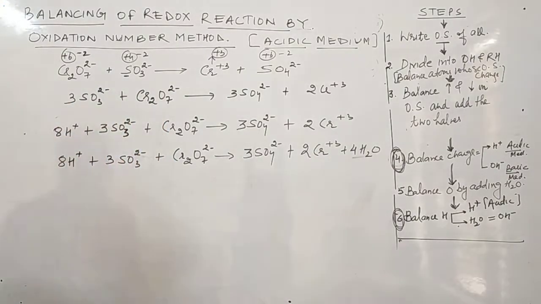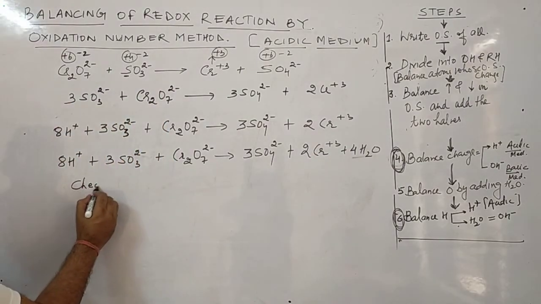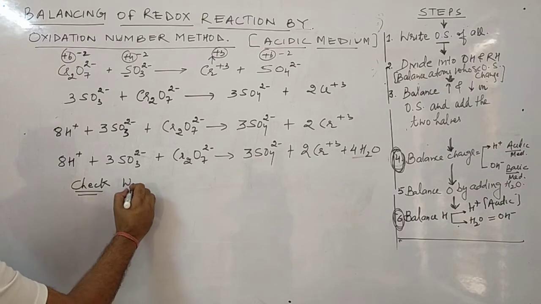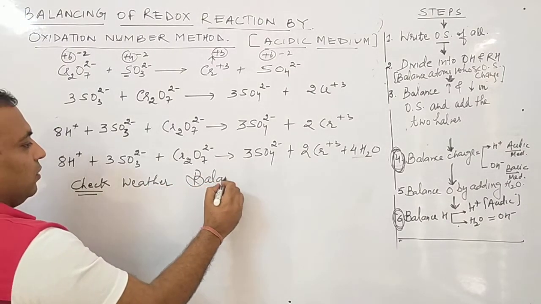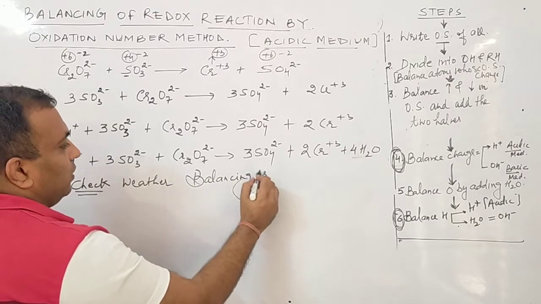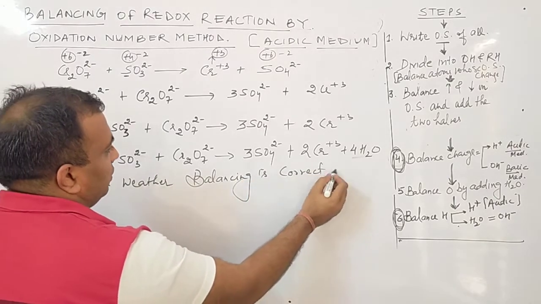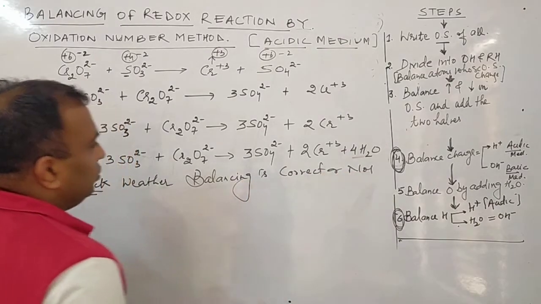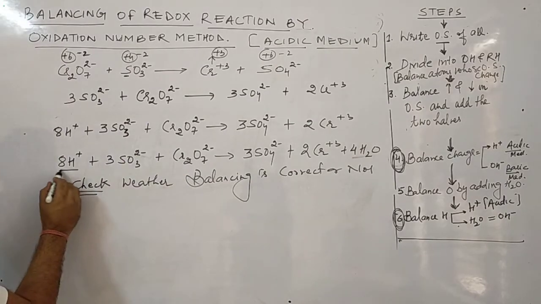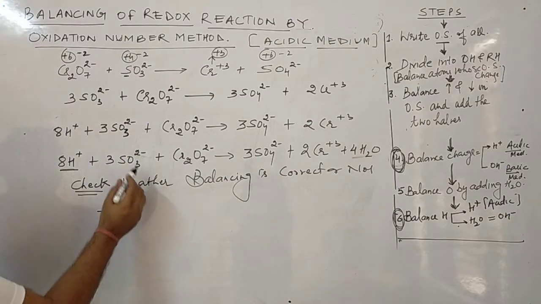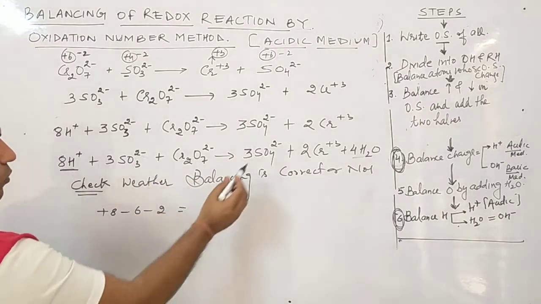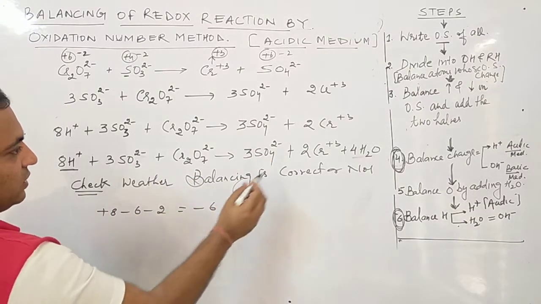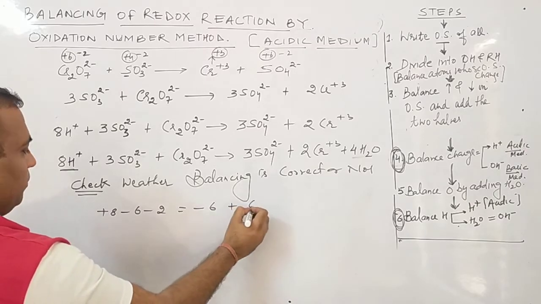In the last we have to check whether balancing is correct or not. So charge check कीजिए बेटा, लेफ्ट में चार्ज +8, 3 2s are -6, -2 equal to 3 2s are -6, 3 2s are plus 6.